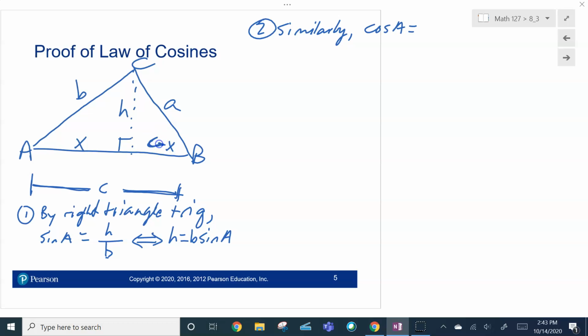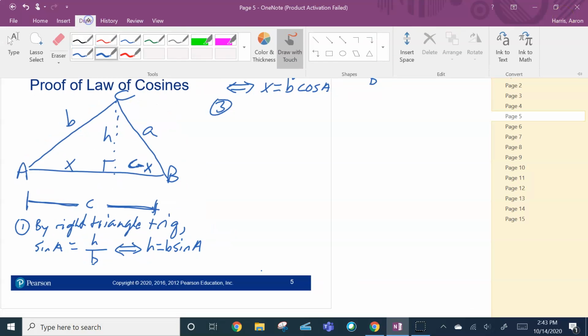So cosine of A would be the adjacent side, x, over the hypotenuse b. And if I was to solve that for x, by multiplying by b on both sides, x would be b cosine A.